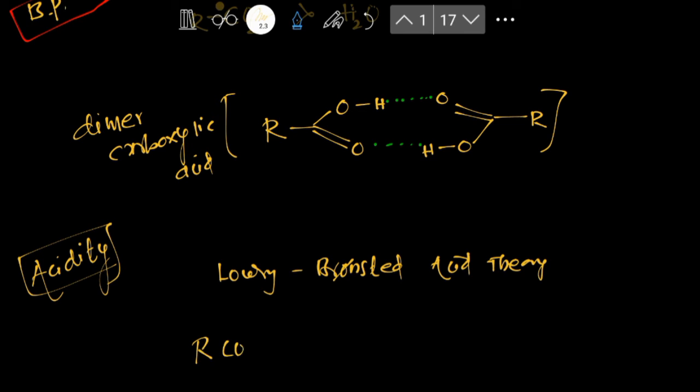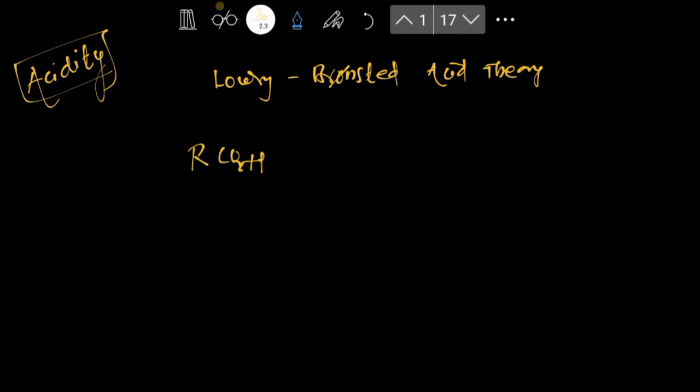I will show you the reaction of how it acts as a proton donor. This is RCOOH, and by giving the proton, it converts to the carboxylate ion. As per the Lowry and Bronsted acid-base theory, this is a typical acid.